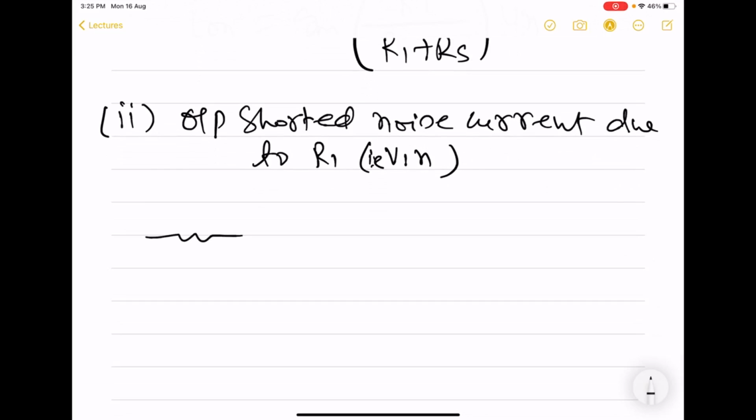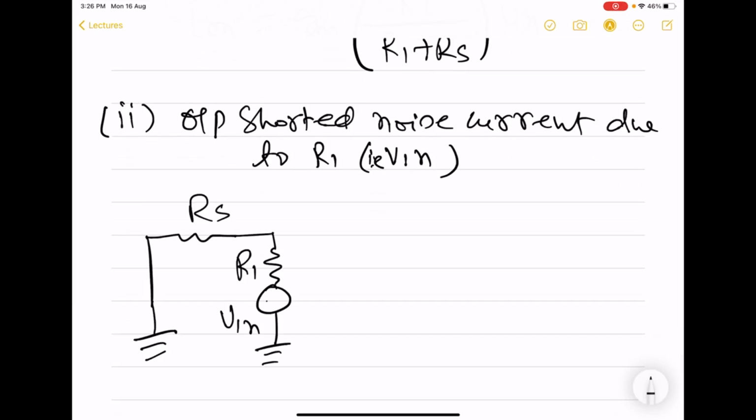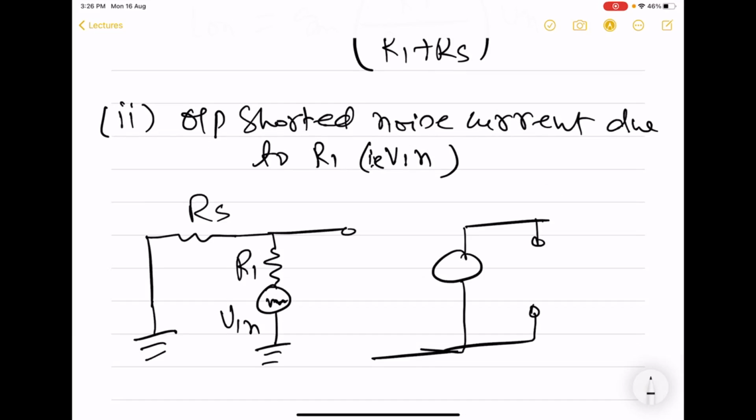In this case, we make RS noiseless, and we retain R1 and its noise voltage source. And we continue to keep ID open, and we will be calling this IO1n.